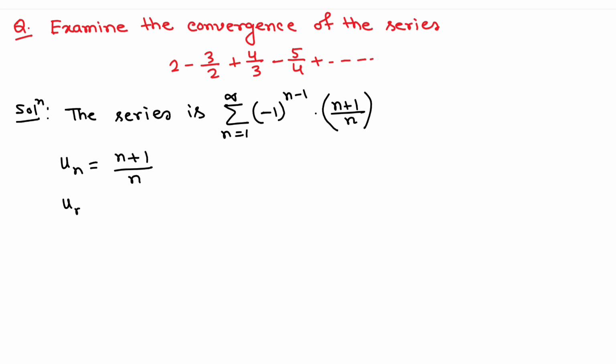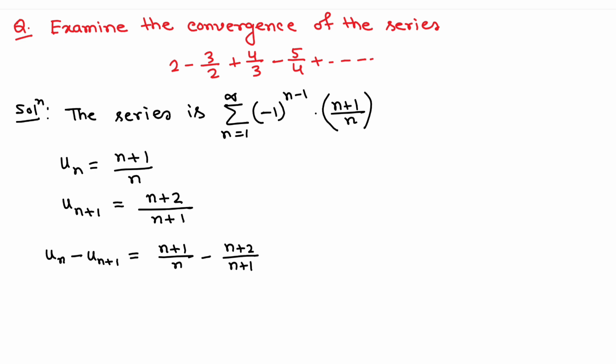So what will be un plus 1? The next number. This will be n plus 2 divided by n plus 1. Now the first condition is we have to show that this is monotone decreasing. That means we have to calculate un minus un plus 1. This equals n plus 1 by n minus n plus 2 by n plus 1. The LCM will be n into n plus 1.